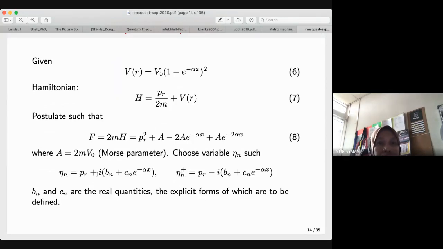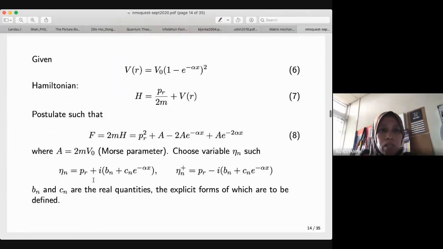We choose them in the manner that you have P_r plus i B_n C_n with this form, and for the plus, it's like a conjugate, and it's always like that. B_n and C_n here are real quantities, and their explicit forms are to be defined. So we are going to find what B_n and C_n specifically are, and at the end, we can find your operator.